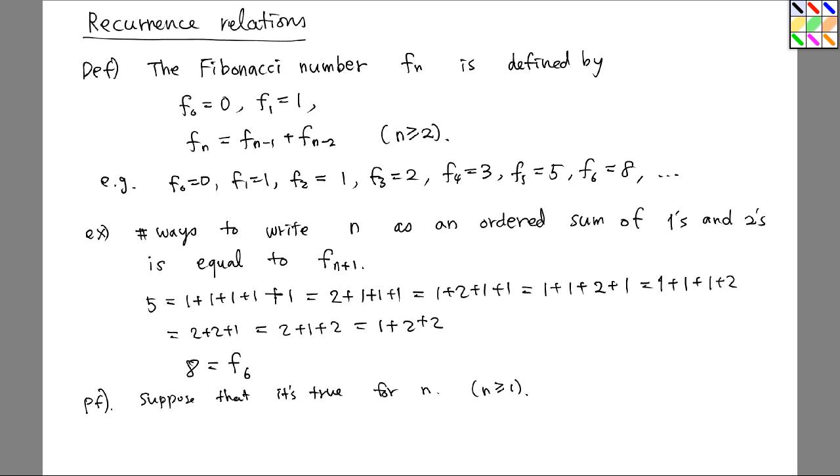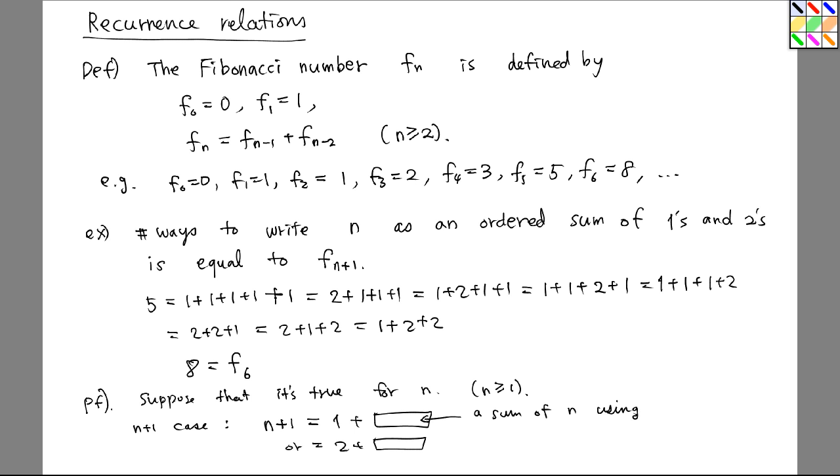And for the n plus 1 case, when we want to write n plus 1 as a sum of ones and twos, then the first summand could be 1 plus something, or 2 plus something. Here we need to write a sum of n using ones and twos.